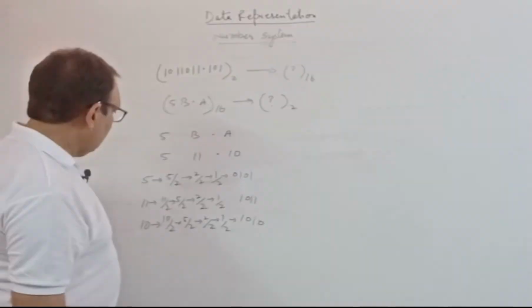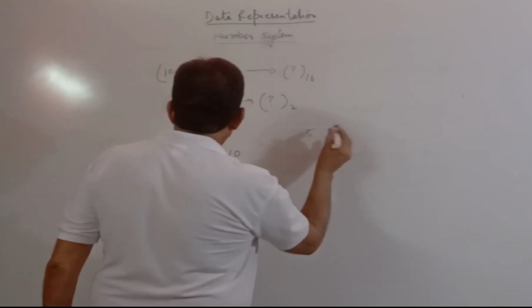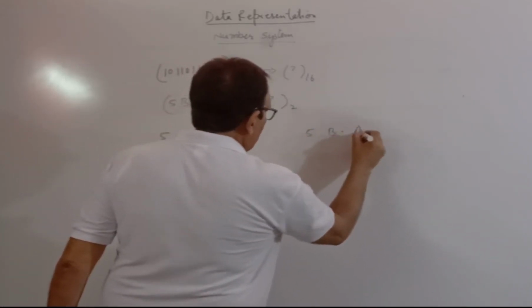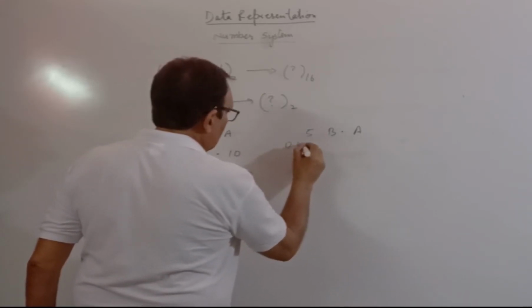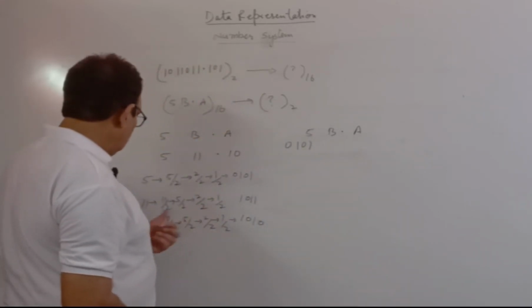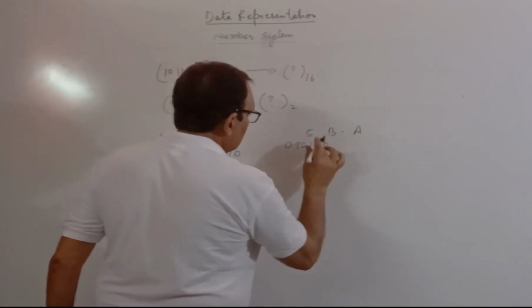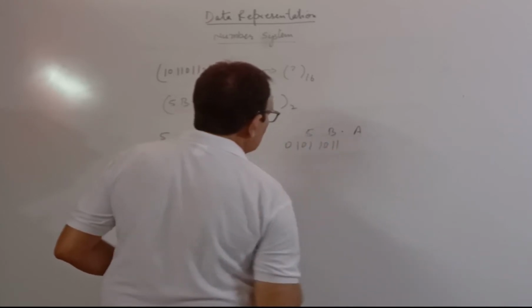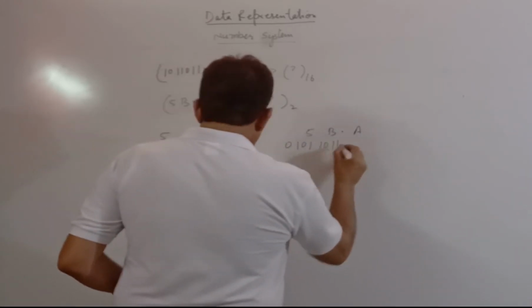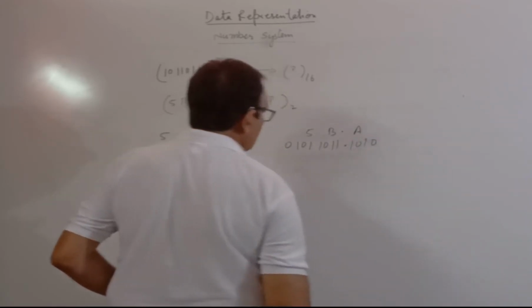Right? This number 5B.A, 5 is equal to what? 0, 1, 0, 1, and B, which is 11, is equal to 1, 0, 1, 1. Point A is equal to 1, 0, 1, 0.